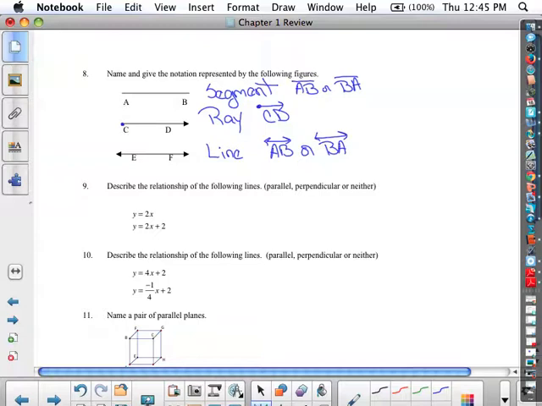Number 9 asks you to describe the relationship between those two equations. Are they parallel, perpendicular, or neither? Remember, in the equation y equals mx plus b, m represents the slope, and two lines are parallel if they have the same slope.